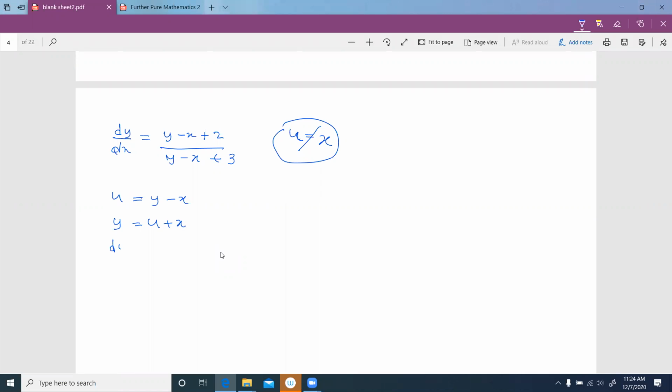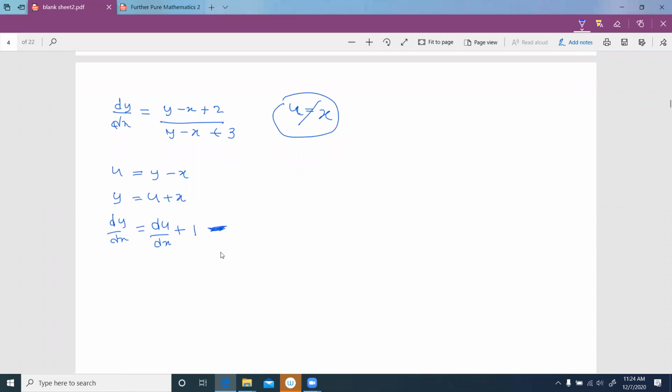Then I can find what dy by dx is. If you differentiate, the variable is x. So this turns out to be du by dx plus the differentiation of x, which is 1. We have to keep this answer separately. Then I replace this part of it. From here, instead of dy by dx, you can write du by dx plus 1 is equal to y.